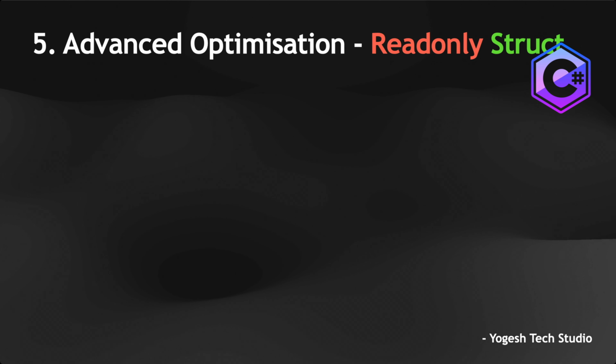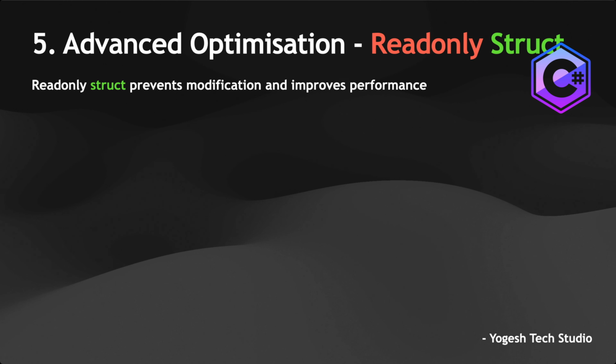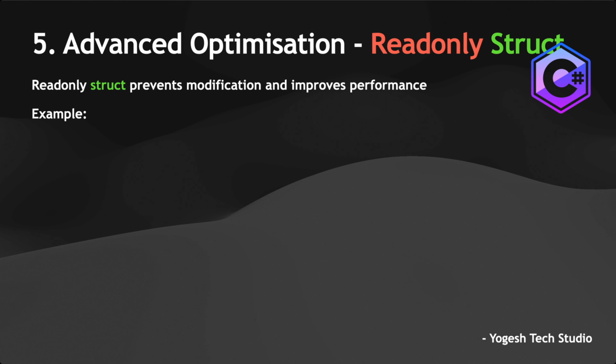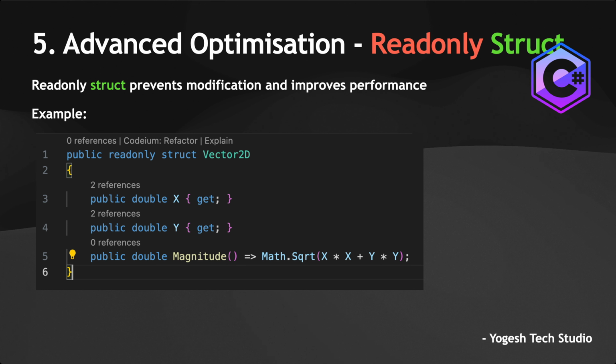Alright, so next let's discuss an advanced optimization utilizing readonly. We can optimize the struct even more by using readonly. The reason for utilizing readonly is so that there will not be any modification after declaring the object of the struct. This is the example that I'm explaining here.